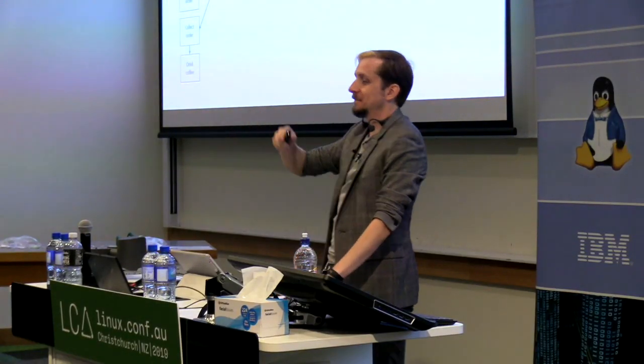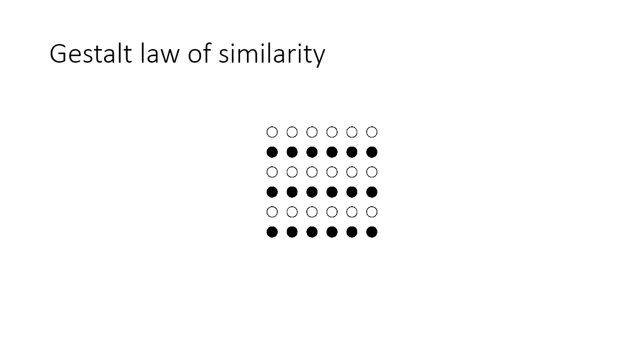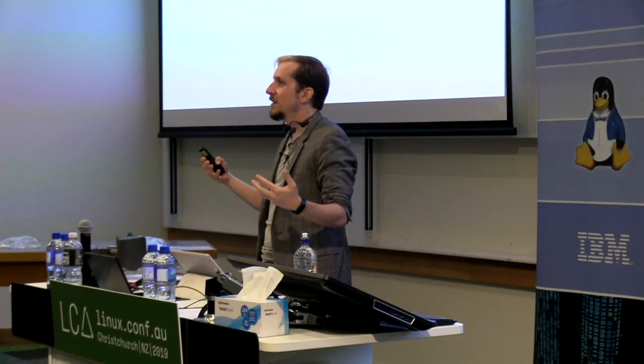So we have another law, the Gestalt law of similarity. What this means, in a nutshell, is that things that look similar tend to get grouped together. If you do something even as simple as apply a color to things, you can see that group of the dark versus the light items, and you automatically think, oh, all those dark ones are a group, and the light ones are also a group.